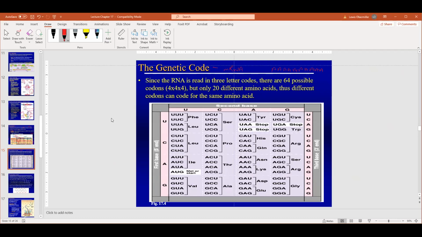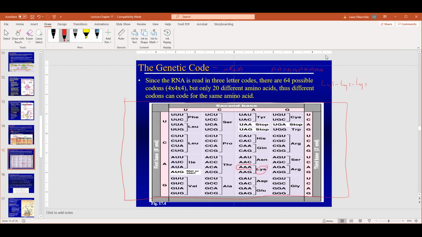And so if there was long strands of AAA, which is shown here, then the protein would be lysine, lysine, lysine. And you guys don't need to know or memorize this. On the test, I will give you the genetic code if you need to use it. So you don't need to memorize this. That's like memorizing the periodic table. But this AAA codes for lysine.